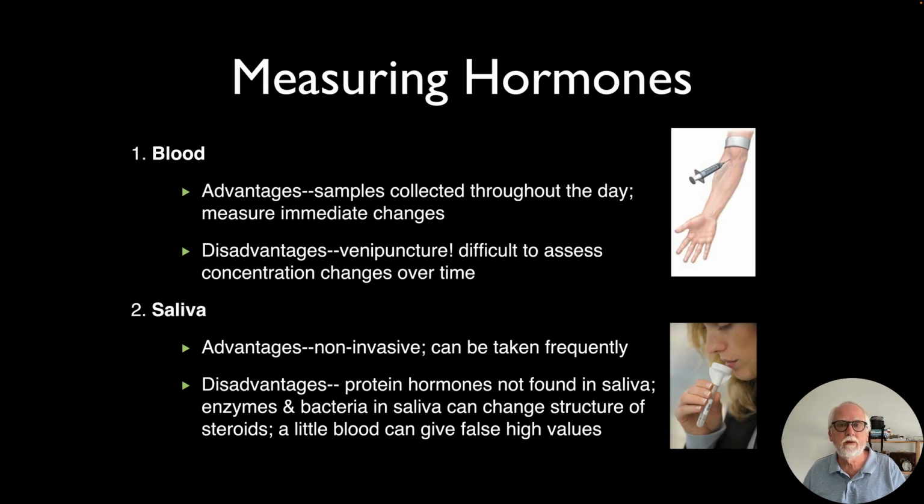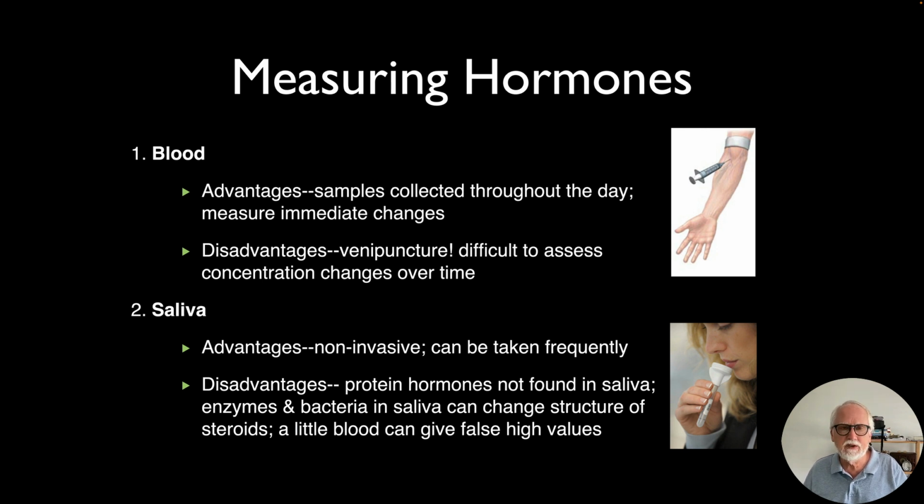One way is to take blood samples, and then once you have the blood sample, you would go to a lab and assay it for a particular hormone that you might be interested in. The advantage of doing this is that the samples can be collected throughout the day, and you can measure immediate changes. Within a short period of time of some stressor or some social stimulus, you could ask for a blood sample and have that sent off to be assayed.